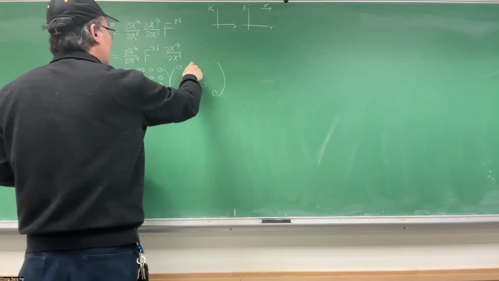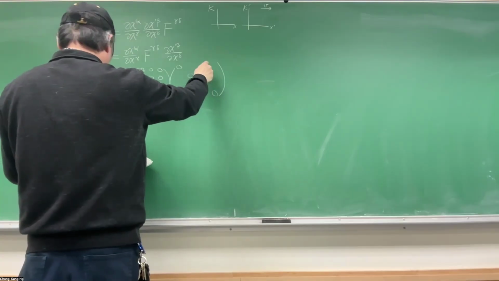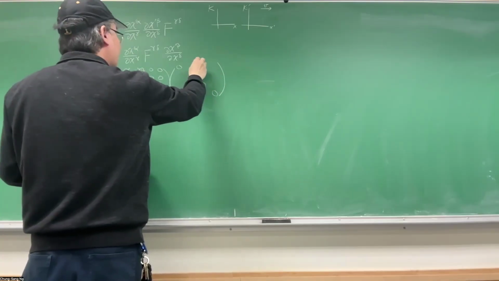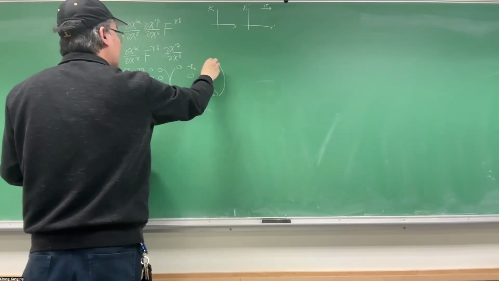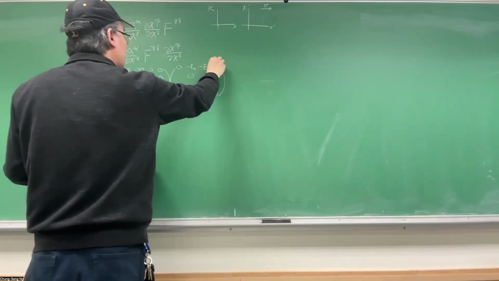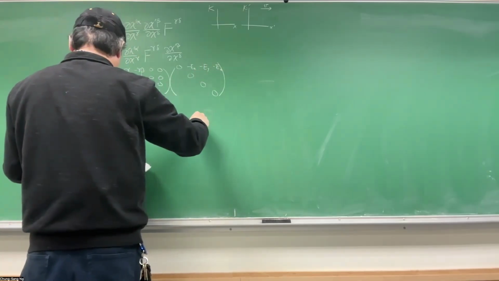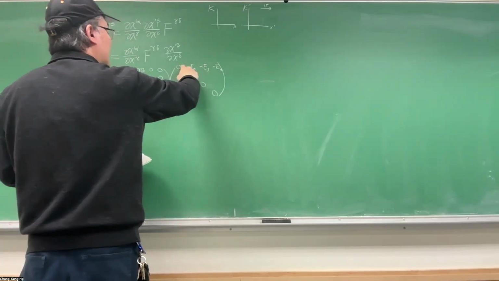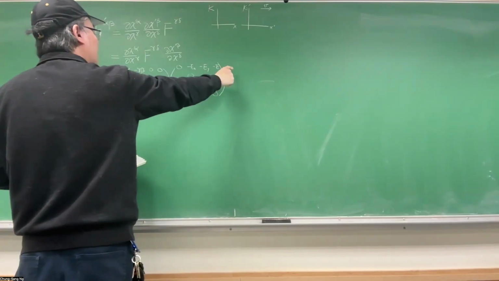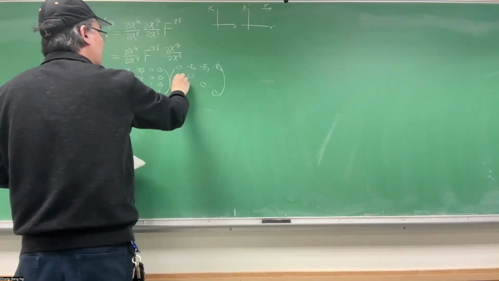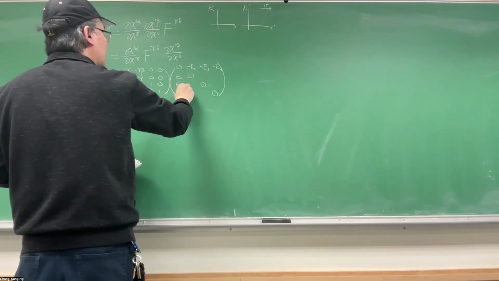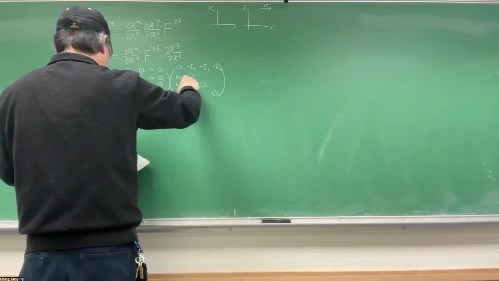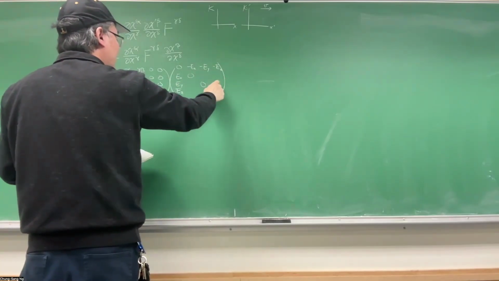And then the six elements here: this is minus E sub x, minus E sub y, minus E sub z. And the column is the negative of this row, so E sub y, E sub z. Right. Then the magnetic field components are these here.